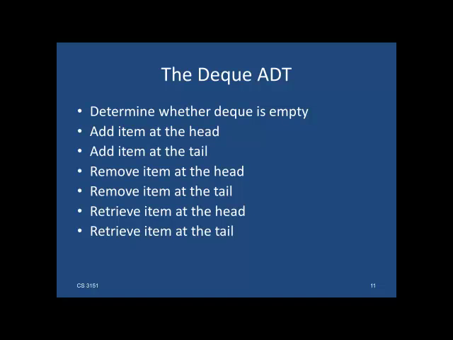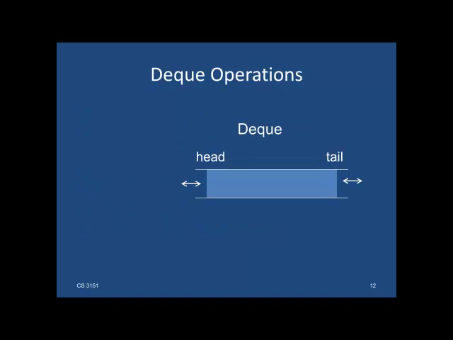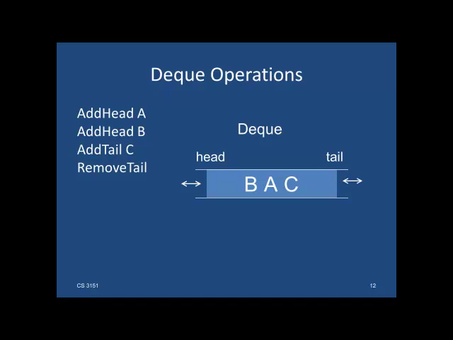Let's trace a sequence of deque operations. Add head A adds the item A at the head of the deque. Add head B adds B at the head right in front of A. Add tail C adds C at the tail behind A. Remove tail removes the item at the tail, which is C. Add head D adds D in front of B at the head.